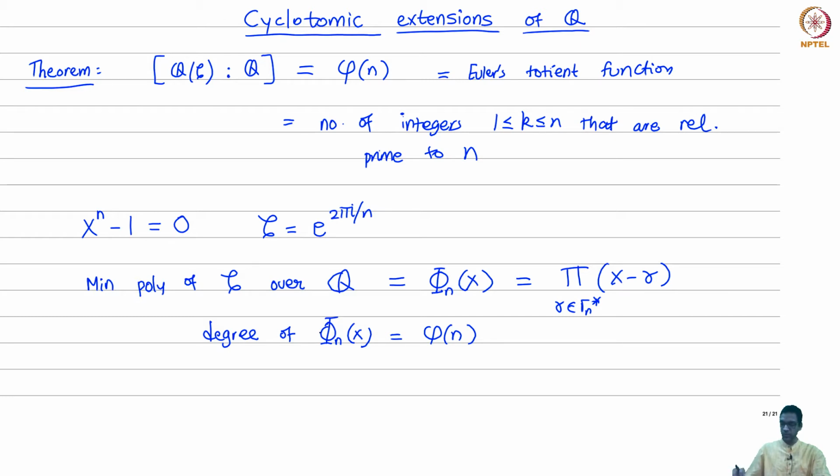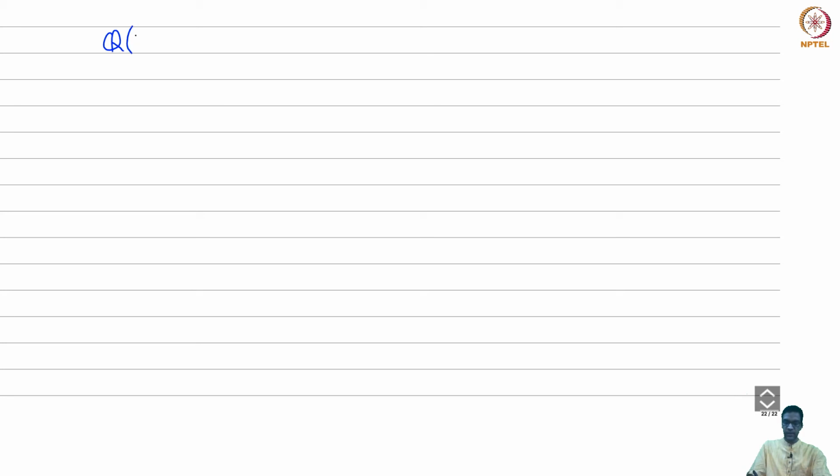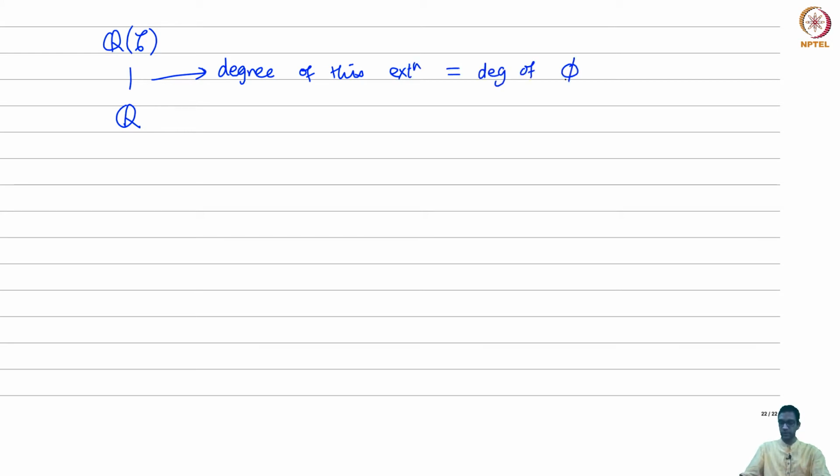That's what we call Euler's totient function. Now this proves the theorem, because the degree of the extension Q(zeta) over Q, where I adjoin a single element zeta to Q, is just the degree of the minimal polynomial, which is the degree of phi_n, which is phi(n). That completes the proof of the theorem.